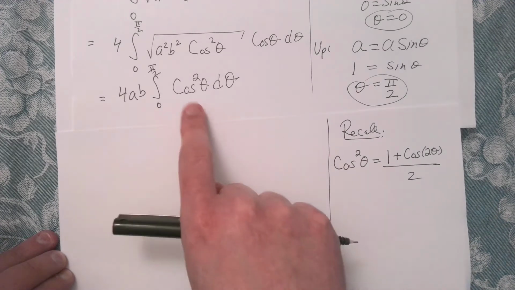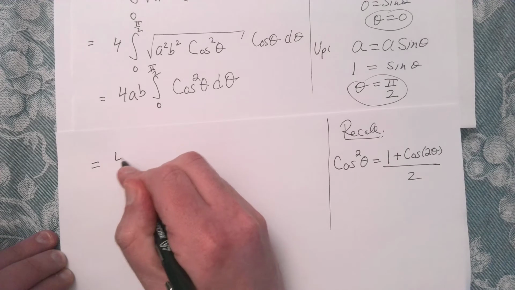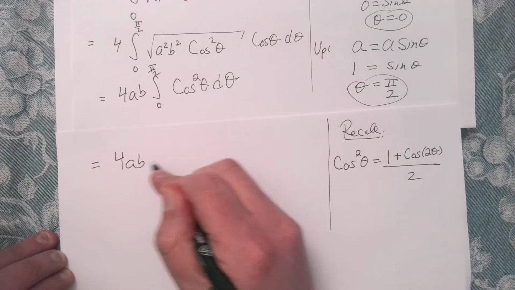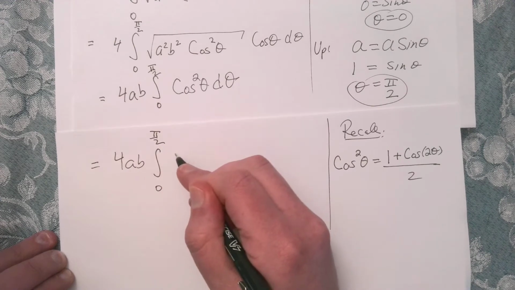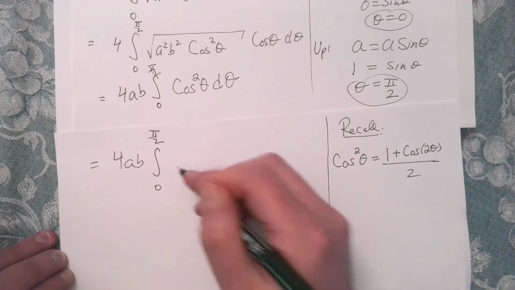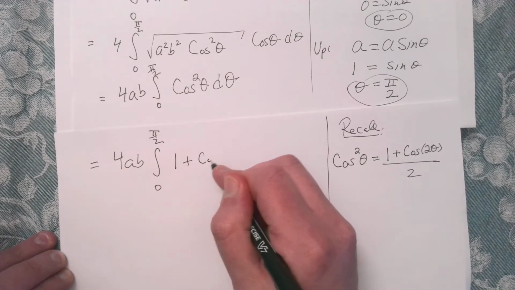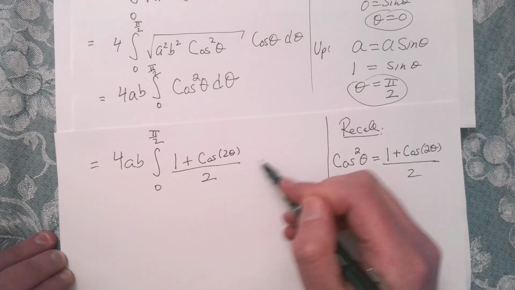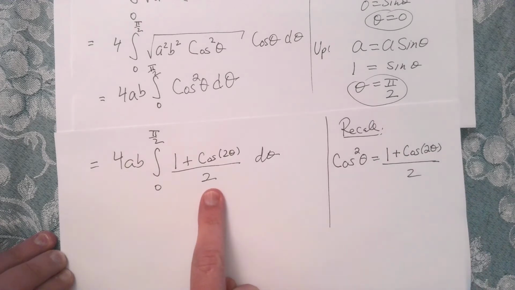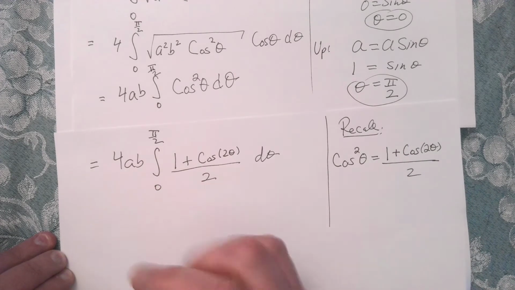Very helpful here. Okay, so we have the following. So here, instead of cosine squared, by the power reducing formula, I've got 1 plus the cosine of a double angle over 2.